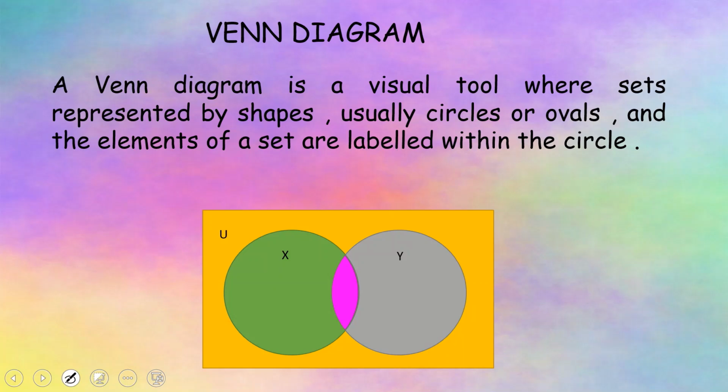Now moving forward, let us look at an example and see how Venn diagrams are usually created. For example, you are given a set R. The condition is that it has counting numbers which are less than 6, and you are asked to draw and label a Venn diagram to represent this set R and indicate all the elements in that set.